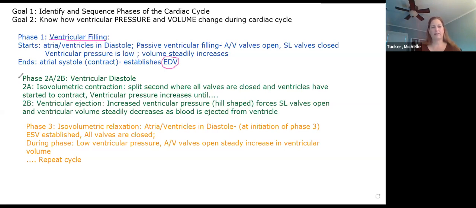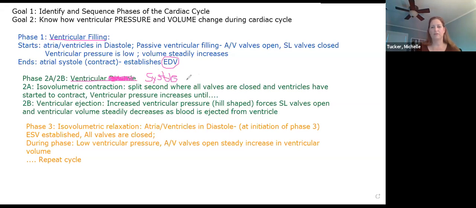For the second phase, it's broken into 2 subphases. So phase 2A and B as a whole is called ventricular systole.